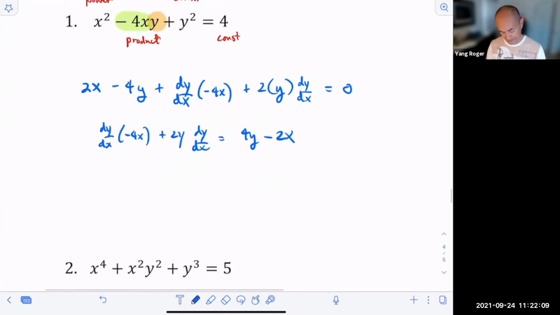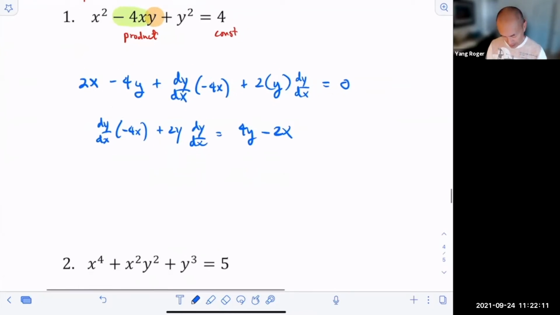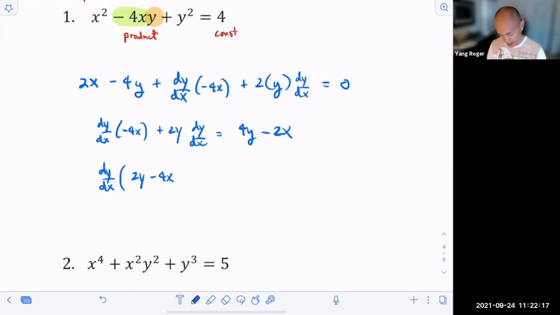The next thing I want to do is factor out a dy dx. So I get dy dx, and when I factor this out, I can write this as 2y minus 4x. That's the same thing as negative 4x plus 2y. And then this guy becomes 4y minus 2x. And finally, I just divide.